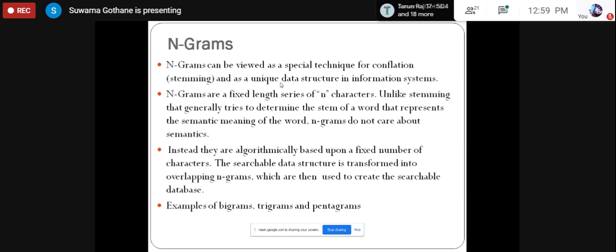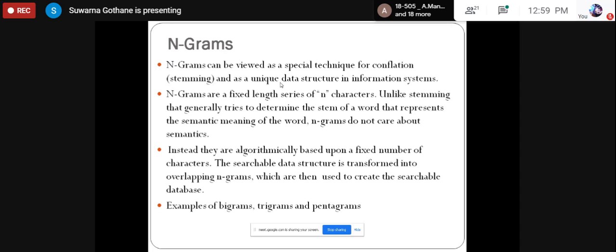So now in engram, instead of stemming, it is going to focus not onto the semantics. There we are focusing onto the semantics. Semantics means the exact meaning or correctness of the word, but here we are going to focus onto the substring concept. What is the concept that we are going to use is nothing but the substring concept.